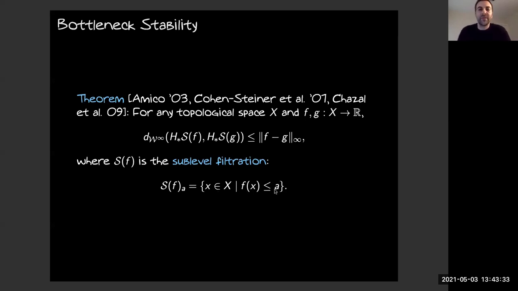And as I think many of you probably know already, this theorem has some very nice consequences in terms of point cloud data. For example, via the nerve theorem, you get a stability theorem for Čech complexes with respect to the Hausdorff distance. And with a tiny bit more work, you can get a Rips stability theorem with respect to the Gromov-Hausdorff distance.